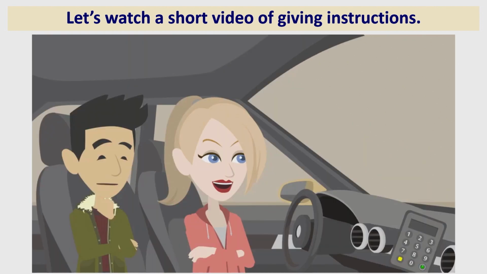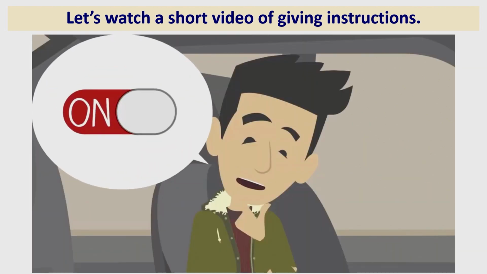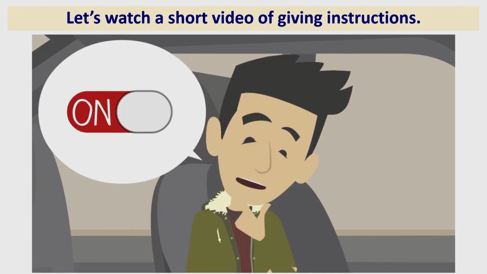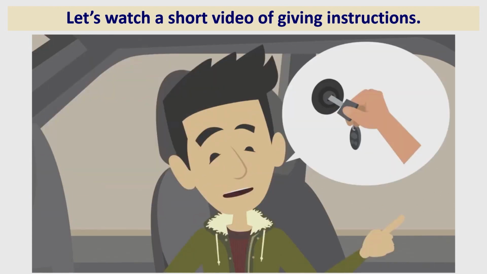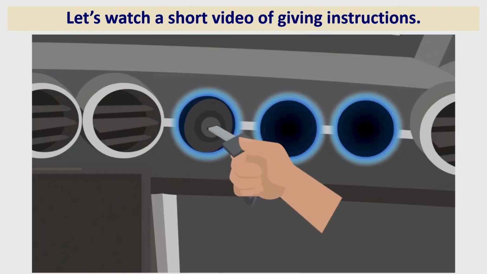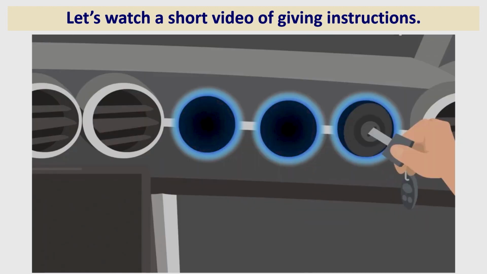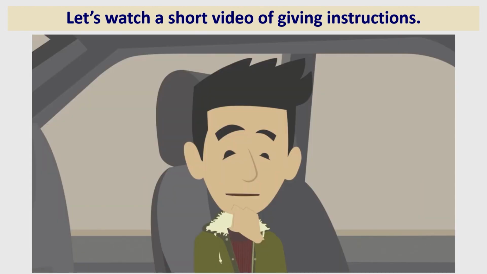Great. Next, you need to flip this switch to the on position and turn the three keys here, here, and here. It's very important that you turn all of them.